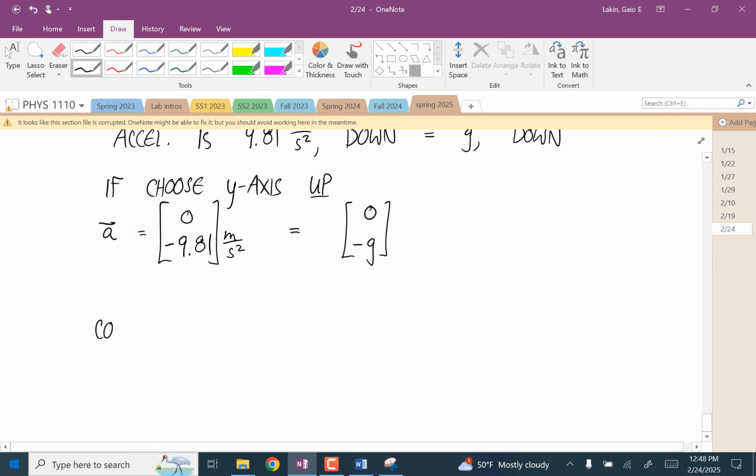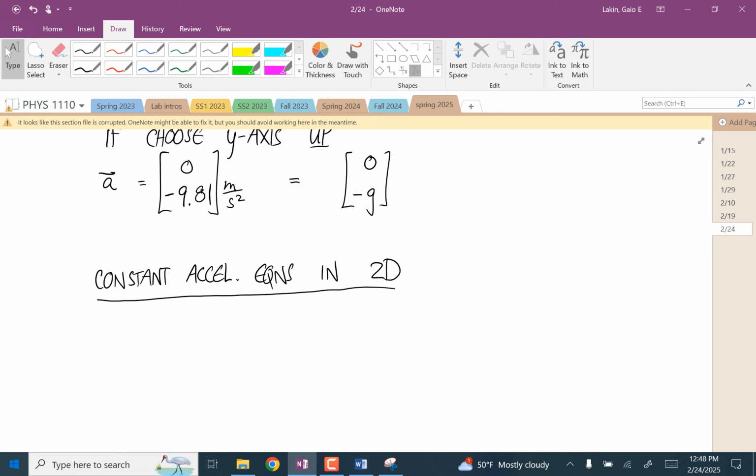So now we're going to talk about the constant acceleration equations in 2D. I'm going to first start by defining a couple things like I did before.